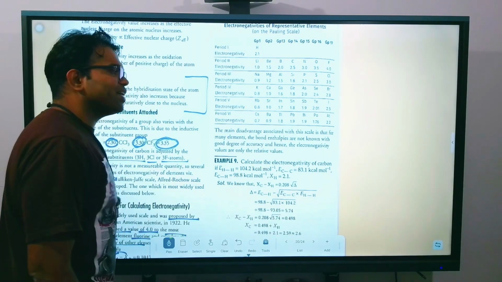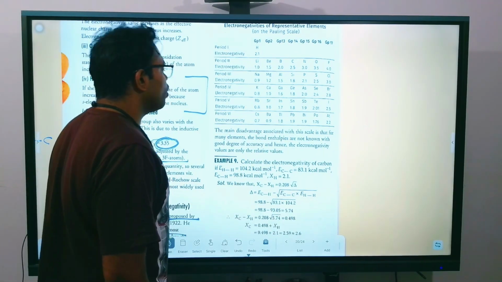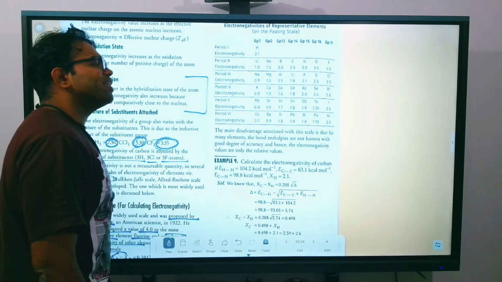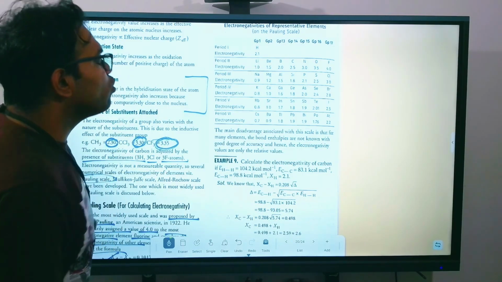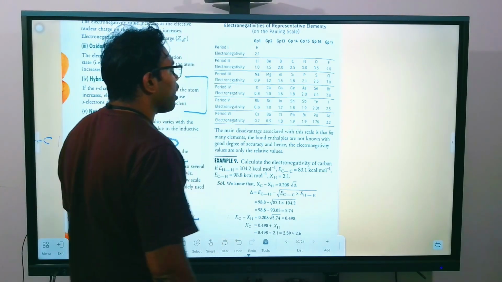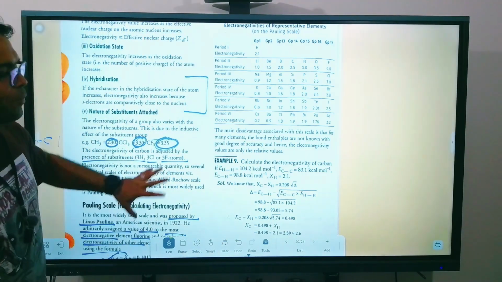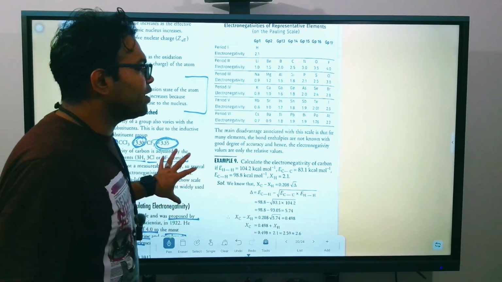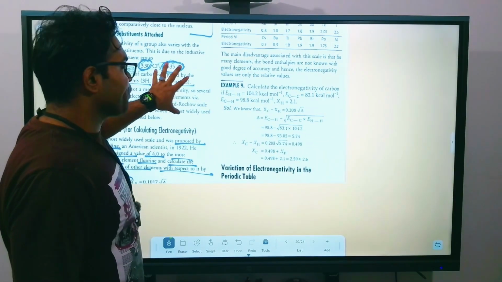The main disadvantage associated with this scale is that for many elements, the bond enthalpies are not known with a good degree of accuracy, and hence the enthalpy values are only relative values. Okay, let's do a question and try to understand how to use this formula.